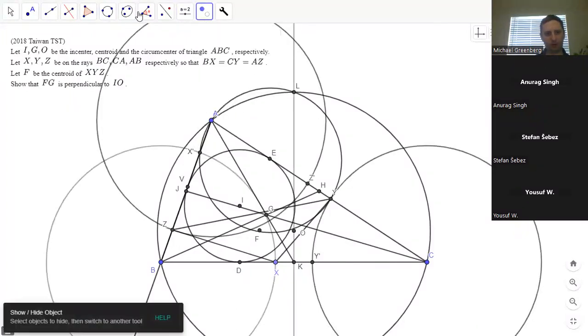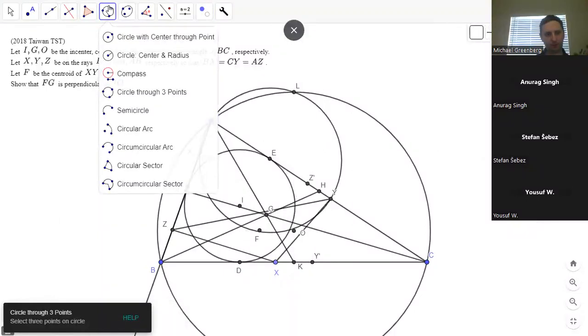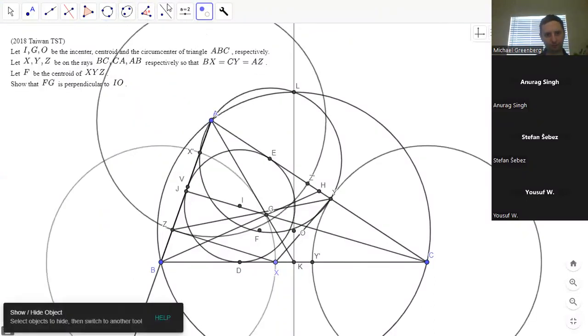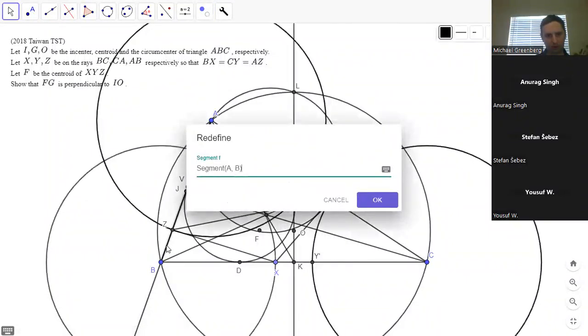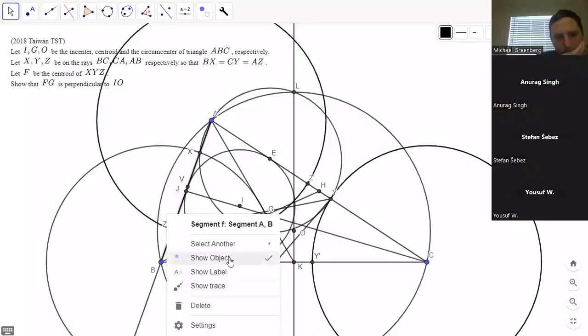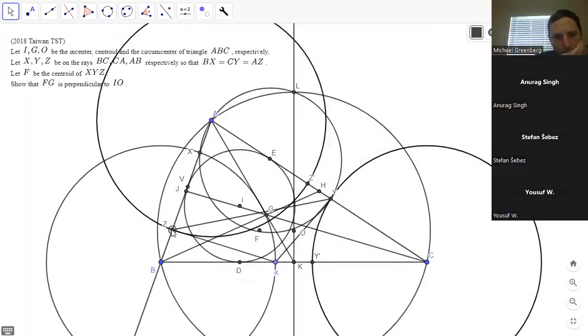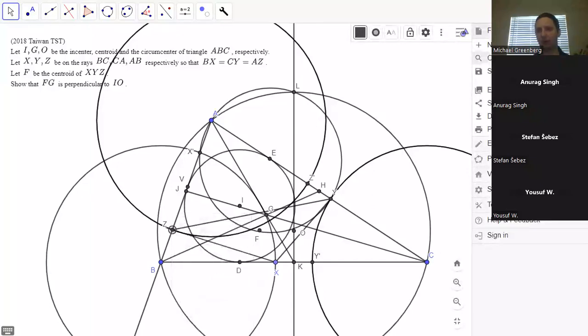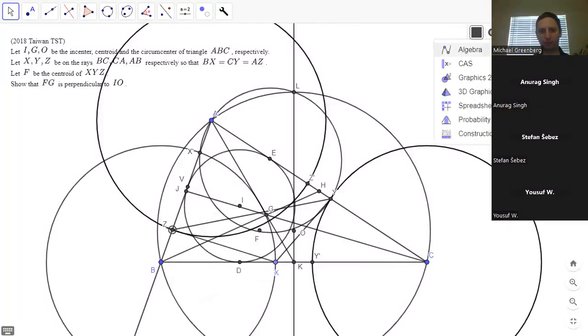All right. So let's see. I'll hide segment AB and then I'll redefine Z to be the point on that ray. But then actually let me use the algebra. Maybe that'll make it easier to redefine it.